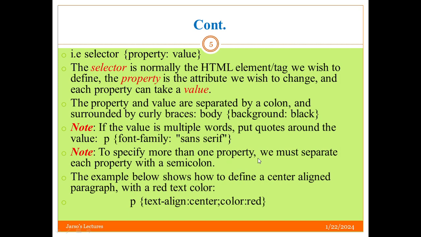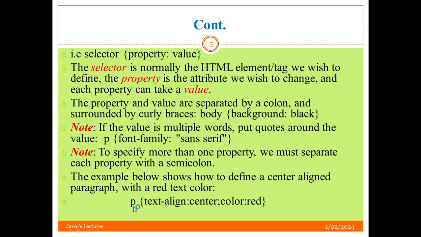If we have more than one declaration, we have to use a semicolon between them. This semicolon specifies the termination of one declaration. This is the point to bear in mind. We have to separate them by semicolons if we have more than one declaration.